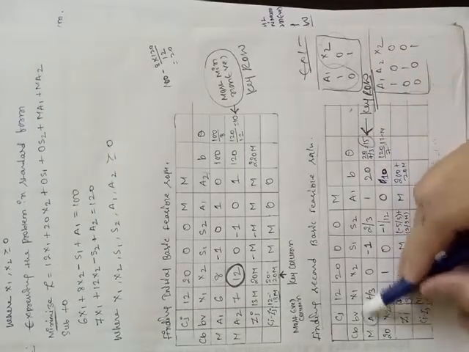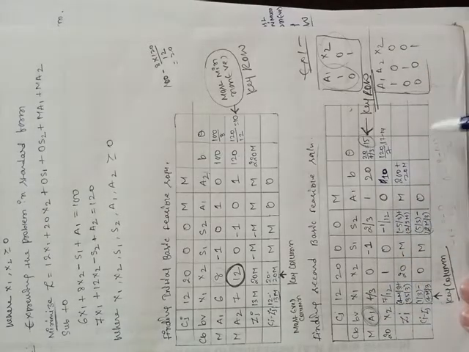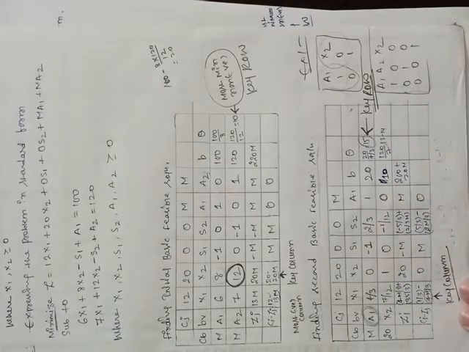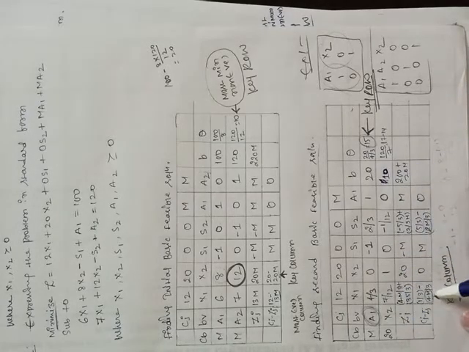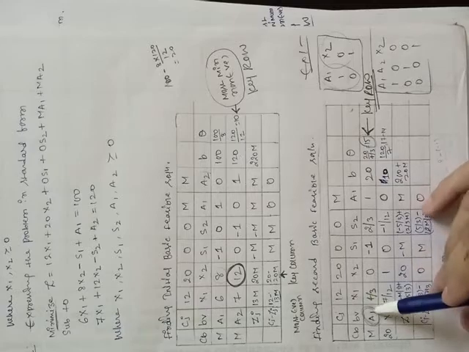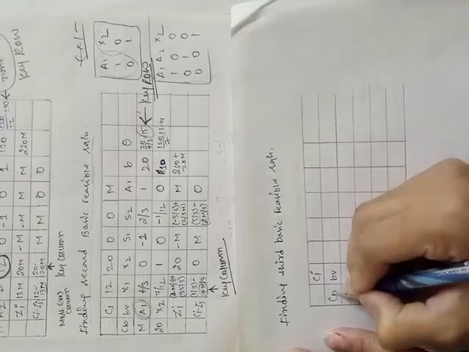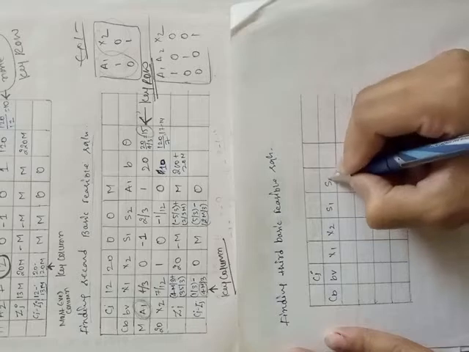So now this A1 is the outgoing variable. So in the third table, this A1 column will be neglected, and this A1 value is replaced by key column, that is x1. So in the third table, again write down the Cj, Bv, Cb, x1, x2, s1, s2.